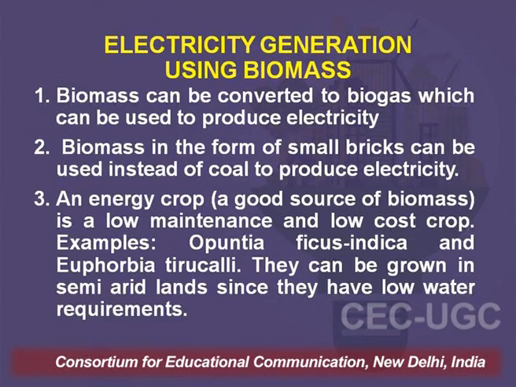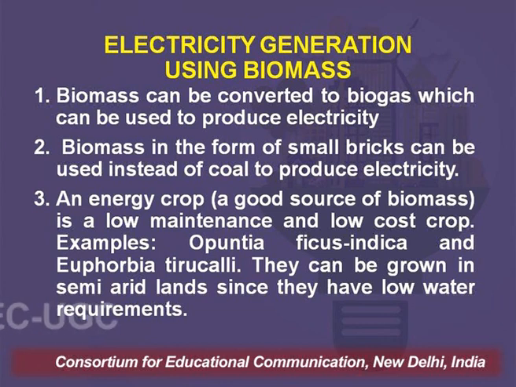Now, electricity is generated using biomass. That is, biomass can be converted into biogas, which can be used to further produce electricity. Biomass in the form of small bricks can be used instead of coal to produce electricity.